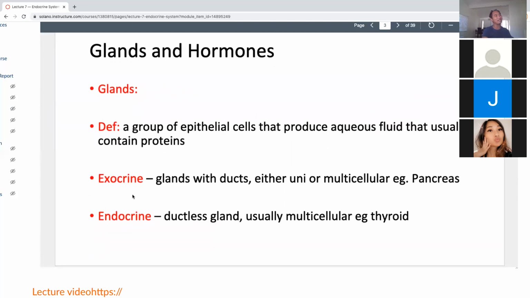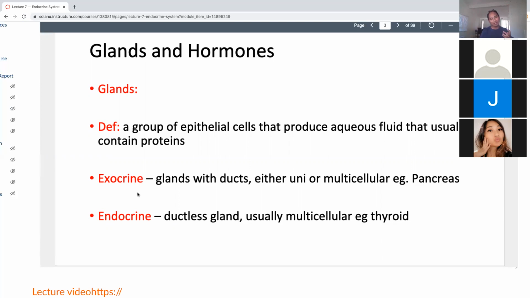Exocrine gland and endocrine gland. In an exocrine gland, the cells make secretion, and that secretion is drained into a duct, which is a system taking the glandular secretion somewhere else, via the ducts.